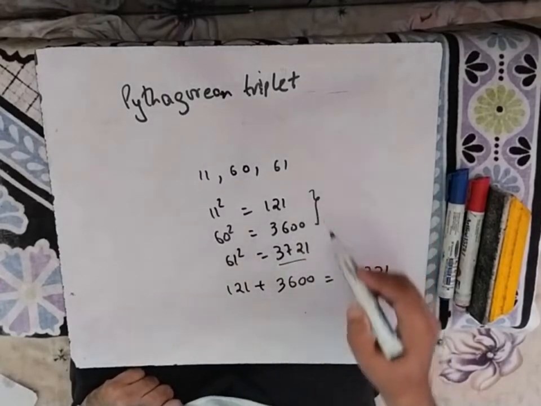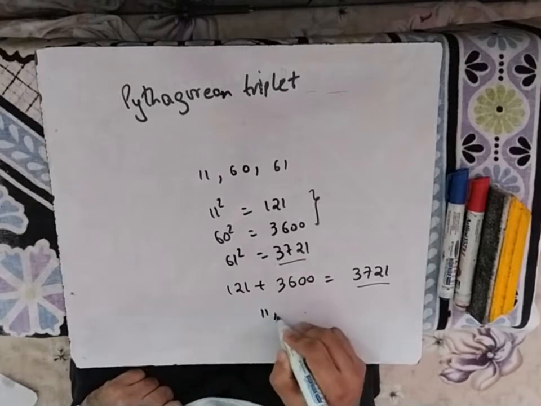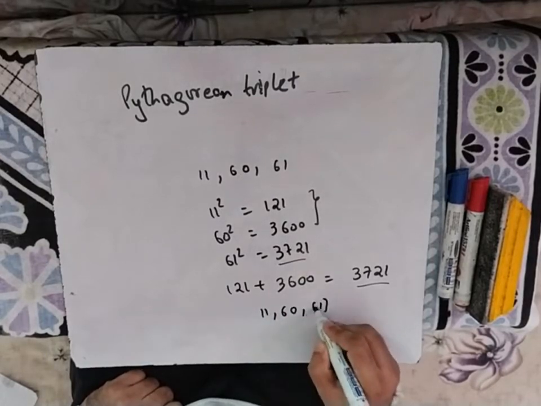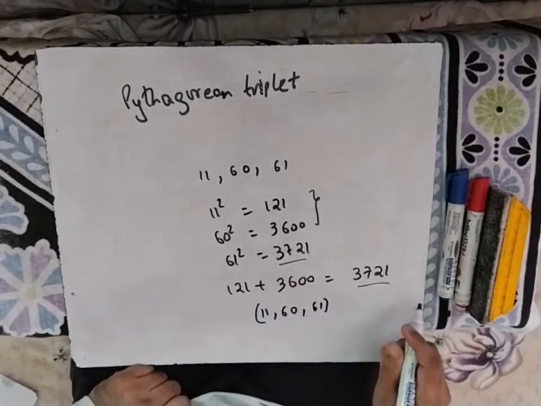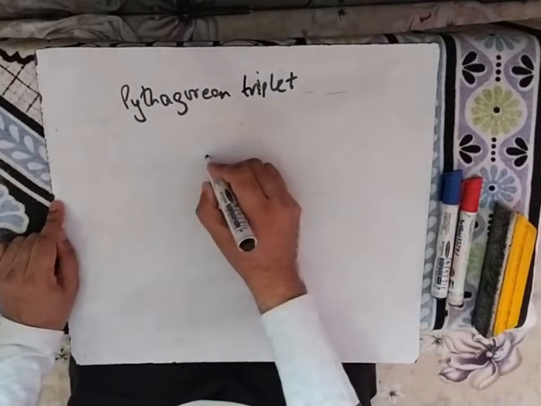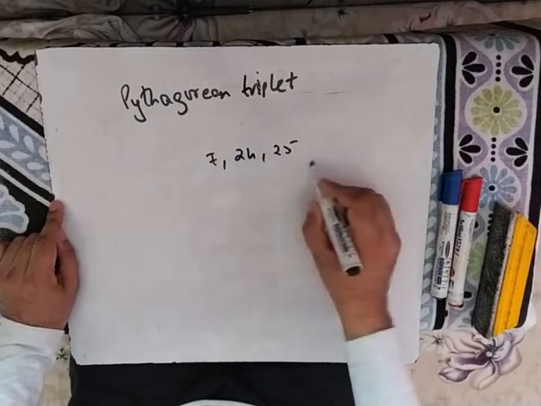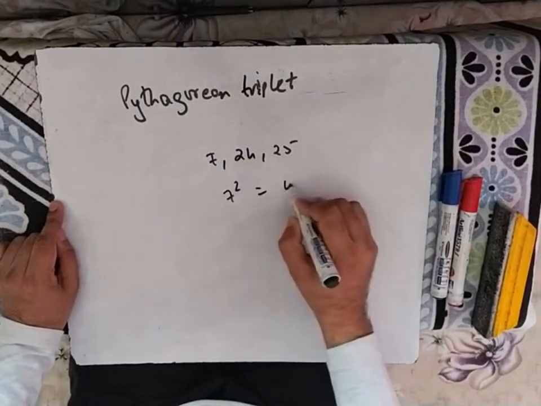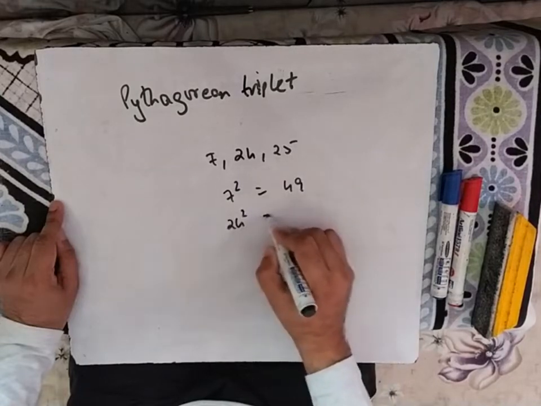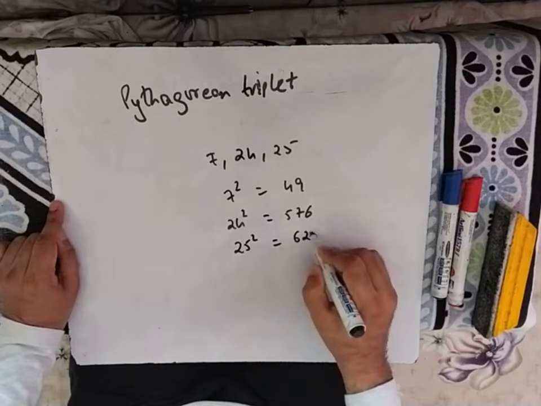When we added both, what result did we get? The square of the third number. That's why 11, 60, 61 will be called as the Pythagorean triplet. Let us take one more example of a Pythagorean triplet. 7, 24 and 25. Square all the three. 7 square is 49, 24 square is 576, 25 square is 625.